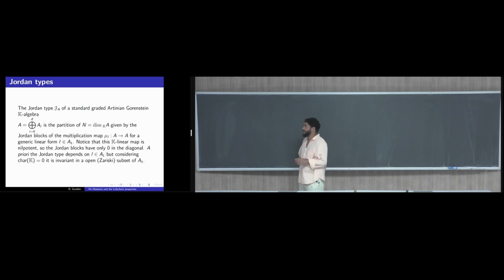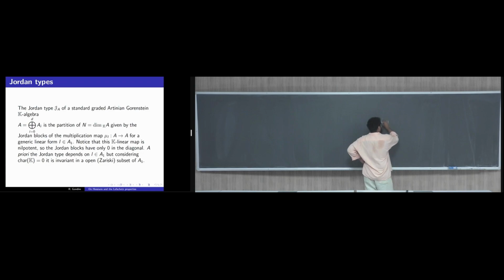It's easy to see that this multiplication map is nilpotent, because if we take the power of the map with exponent greater than the socle degree of the algebra, since mu L to the e is equal to mu L^e, this is 0 because every element is killed, as we are assuming that this exponent is greater than the socle degree of the algebra.